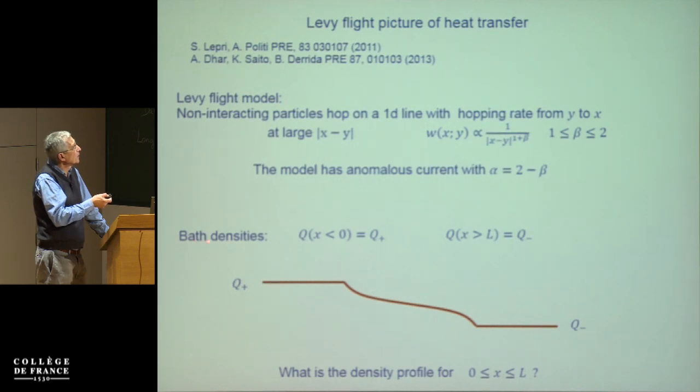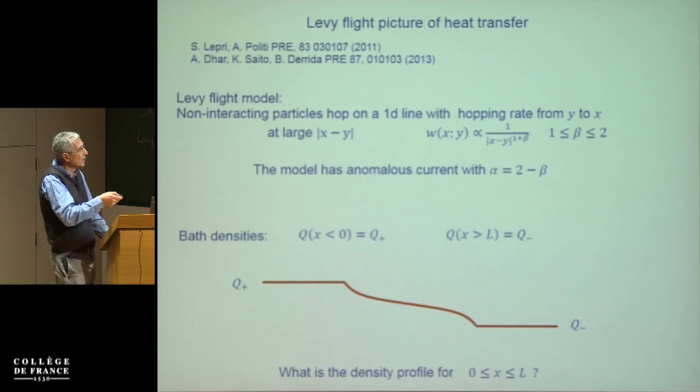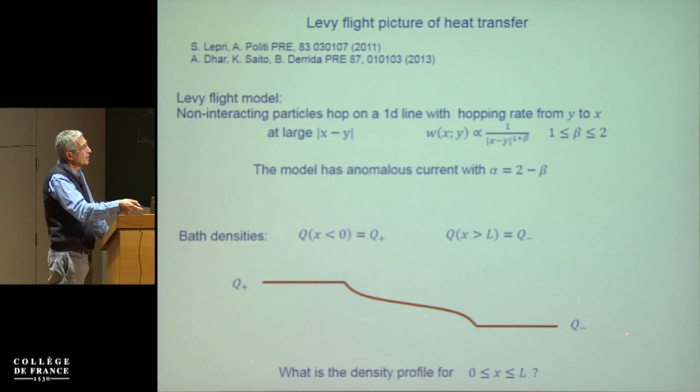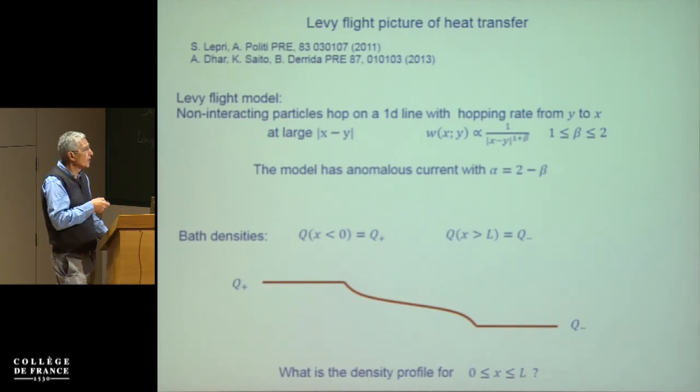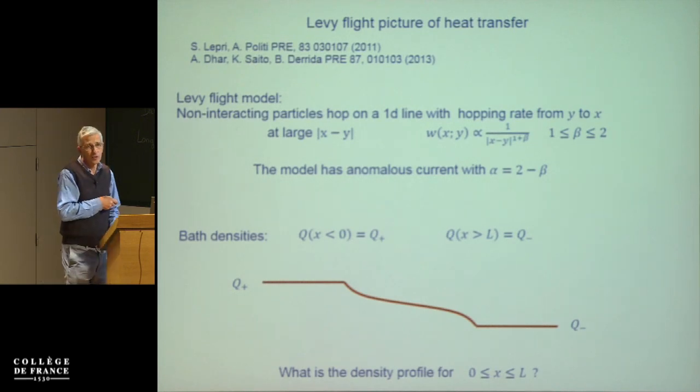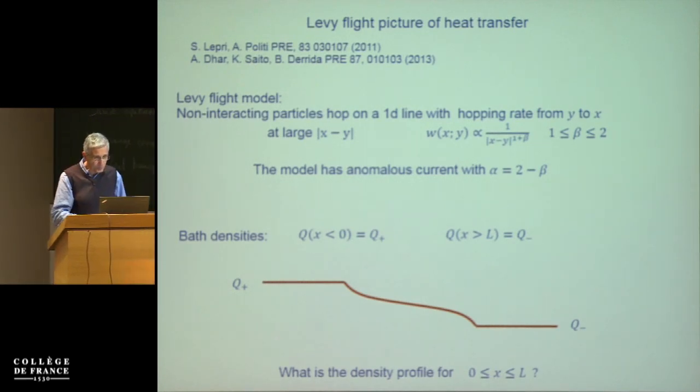That is, you take a left bath with a density for x less than 0 to be q plus, and for the right bath, x larger than L, it is q minus. So you couple it to particles which are non-interacting and hopping, and there is a constant density here, and you ask what is the density profile in between when you consider this thing.